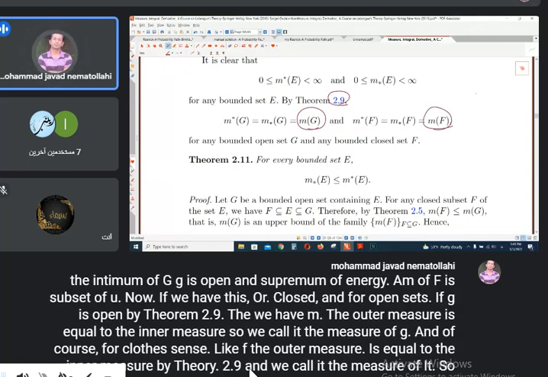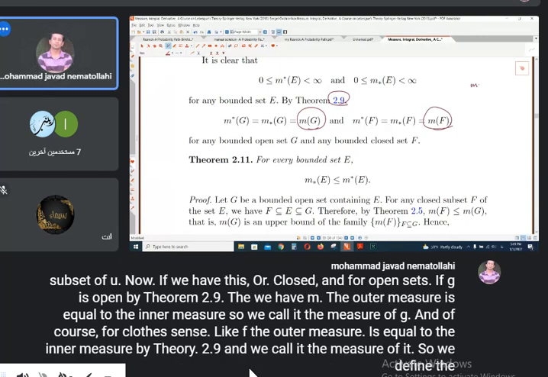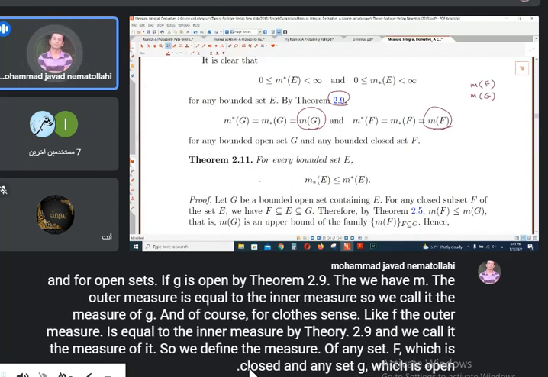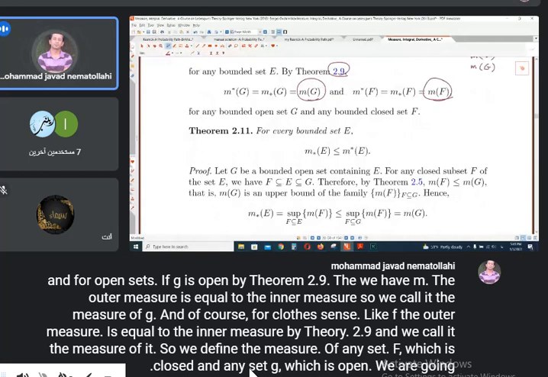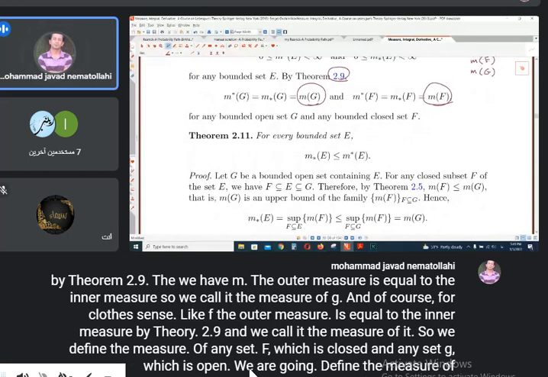So we define the measure of any set F which is closed and any set G which is open. We are going to define the measure of any set, not necessarily open or closed.